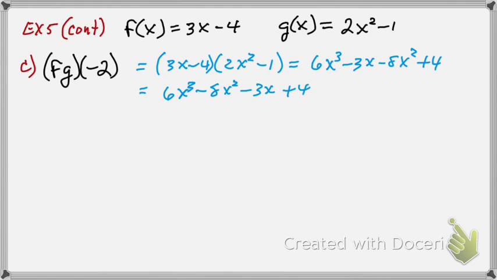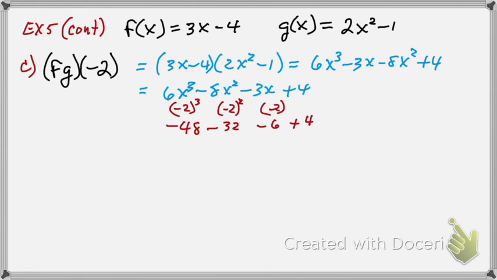All right, so then I'm going to evaluate at negative 2. So I've got negative 2 cubed, negative 2 squared, just negative 2 there. So negative 2 times negative 2 times negative 2 is negative 8. Times 6 is negative 48. Negative 2 squared is 4 times negative 8 is negative 32. Negative 3 times negative 2 is negative 6 plus 4.